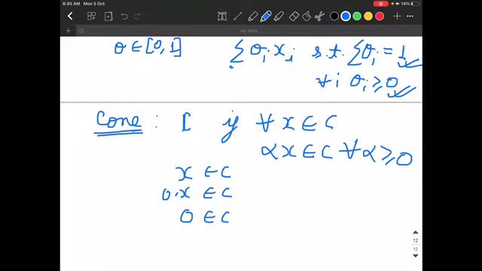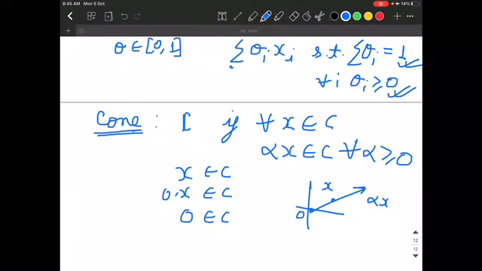Now, we have a ray. Is this a cone? For any point here, let's say x, does alpha x belong to this ray if and only if the tail of this ray lies on the origin?